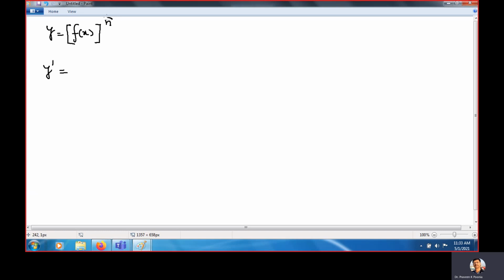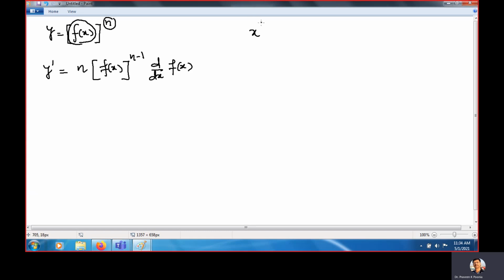First you need to differentiate the power, so n f(x) power n minus 1. And then you need to differentiate whatever is written inside, which is d by dx f(x). This is the rule. Clear?